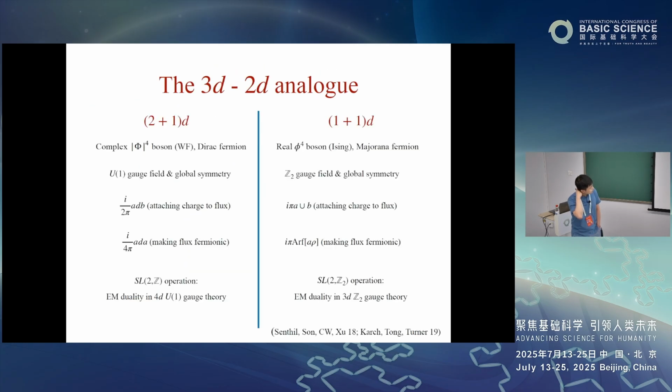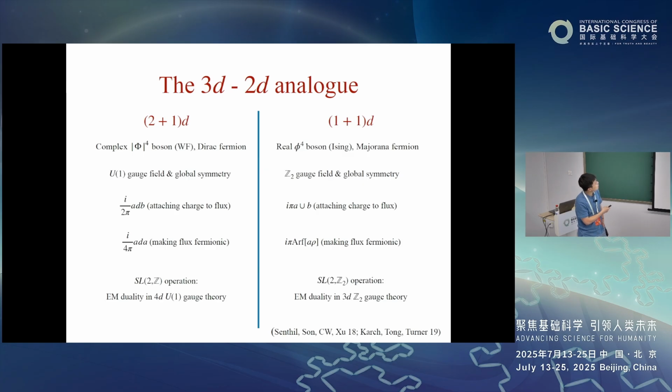Okay, so just as an entertaining fact, you can keep comparing the 3D to the 2D story. You don't get that much new stuff, but it's entertaining and also reassuring that we're not doing something totally crazy.